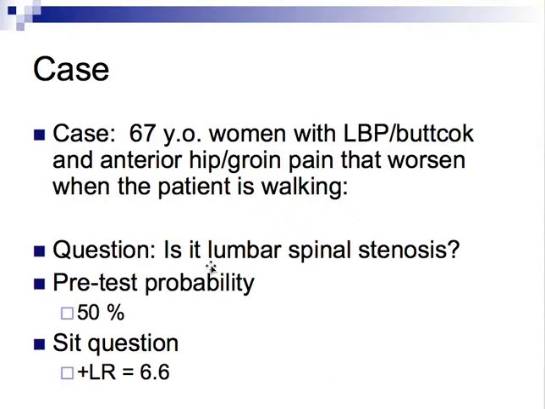So let's say we have a 67-year-old woman with low back pain and buttock pain, anterior hip and groin pain that worsen when the patient is walking. And we're going to look at the value of different questions we would use in the screening, or in the subjective history that we gained from this particular patient.